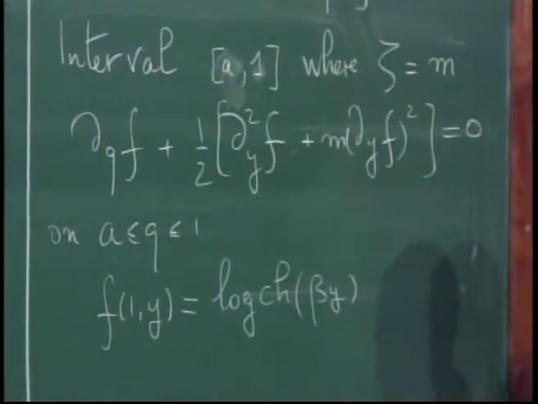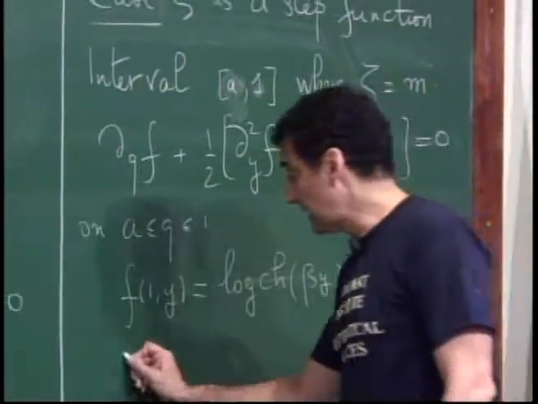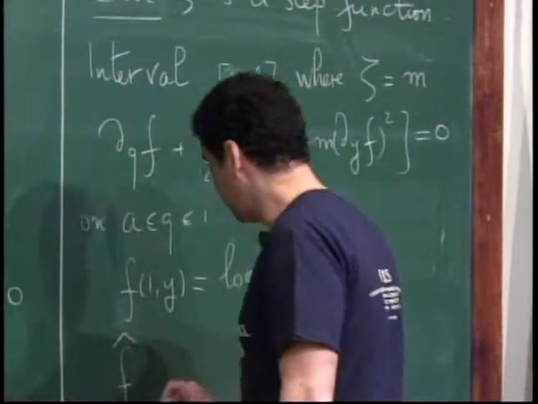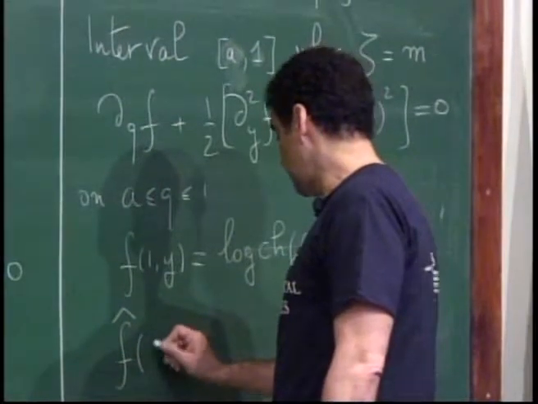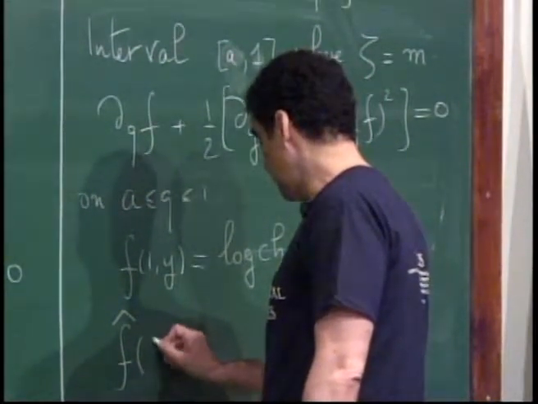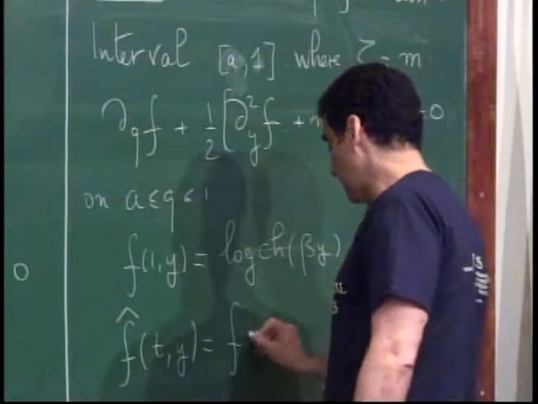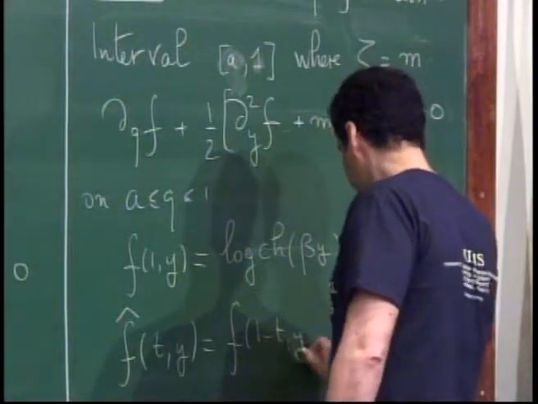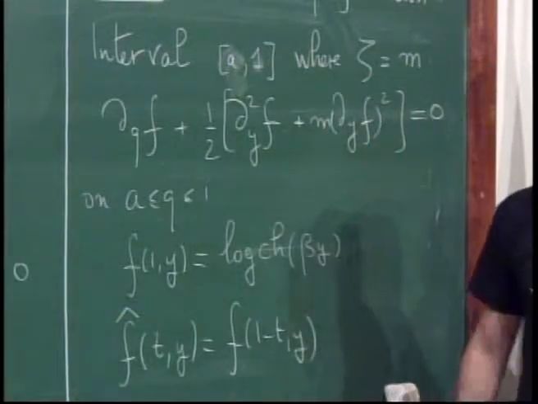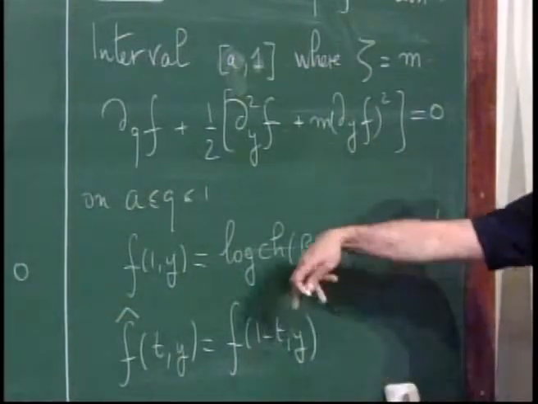Right? So what do you do? You first invert. Let's look at f hat of, let's say, time t and y, which is simply obtained by saying f of 1 minus t and y. Right? I just invert the time.